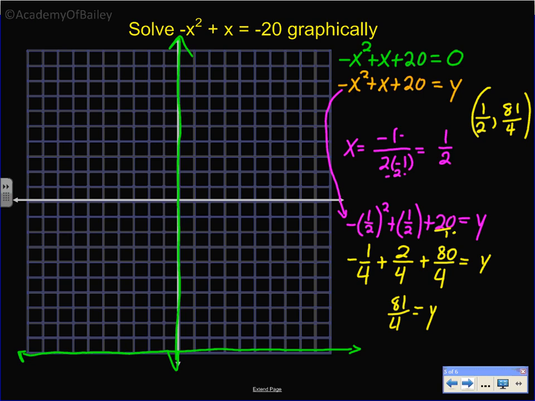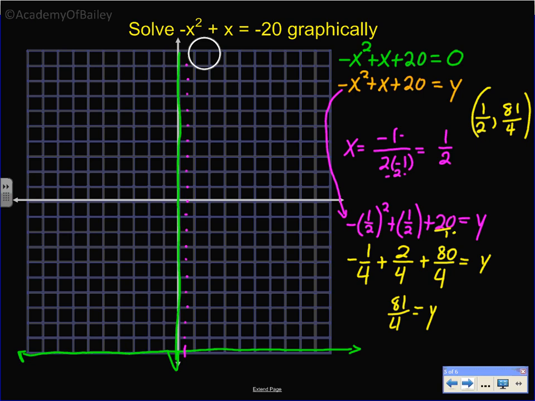The reason for that is now I should have 20 numbers all the way to the top. So now I can graph 1/2 and 81 over 4. So 1/2 is halfway over. 81 over 4 is 1, 2, 3, 4, 5, 6, 7, 8, 9, 10, 11, 12, 13, 14, 15, 16, 17, 18, 19, 20 and 1/4.